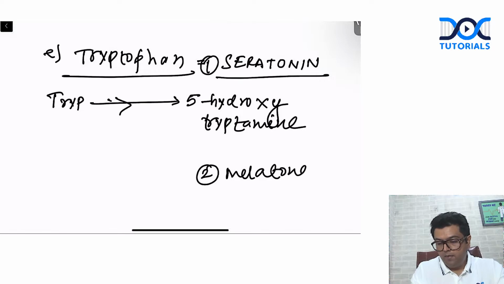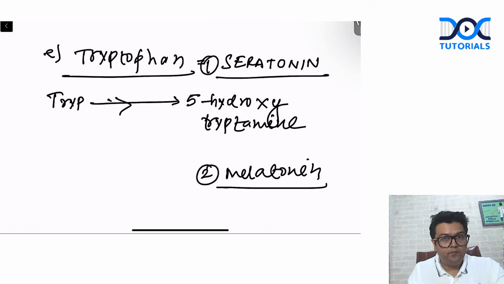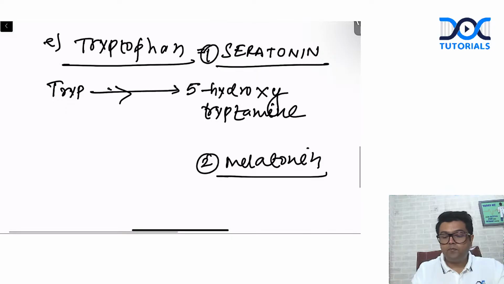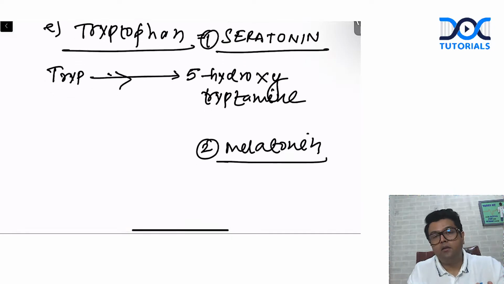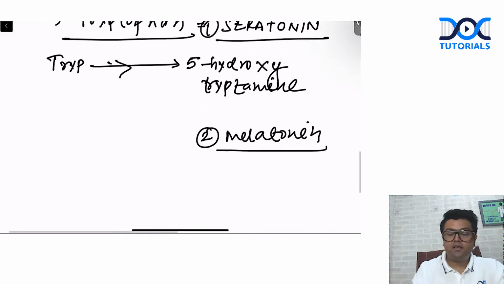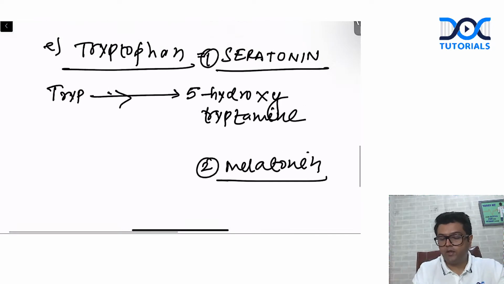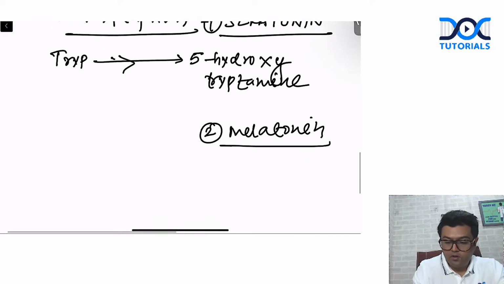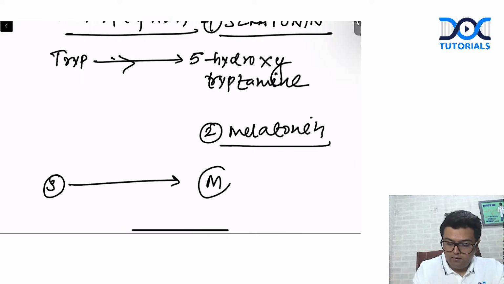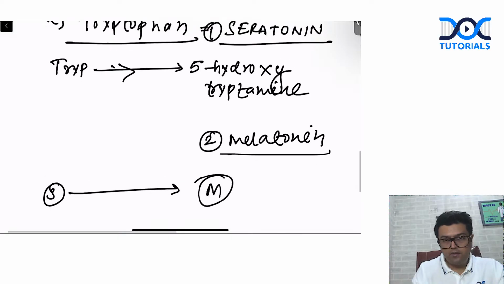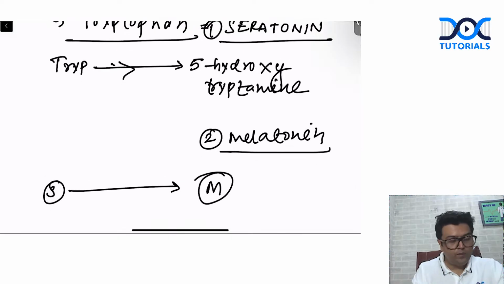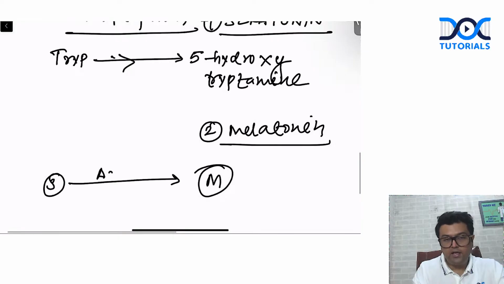And guys, to make melatonin from serotonin, what do we need? We need acetyl CoA and the very important thing called methylation. Okay. So SAM is also required. If I want to convert serotonin to melatonin, S for serotonin, M for melatonin, we need acetyl CoA.